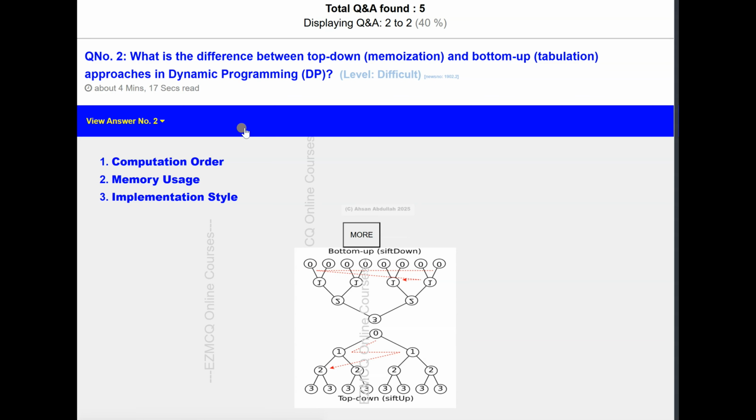The bottom-up approach, on the other hand, computes all subproblems iteratively. So there is no putting things on the stack. It favors speed and full coverage when there are a lot of states, so dense state spaces.